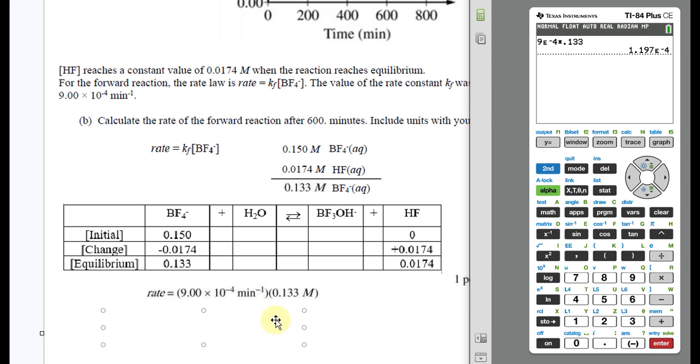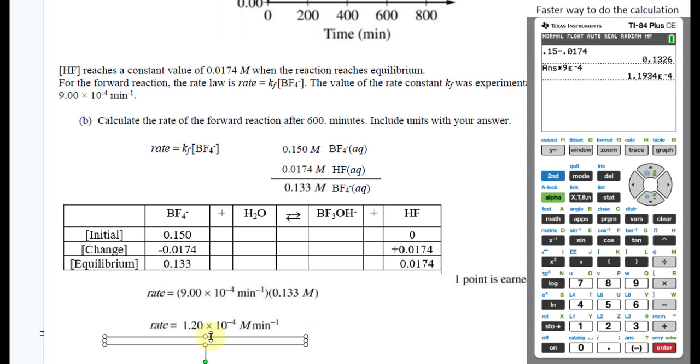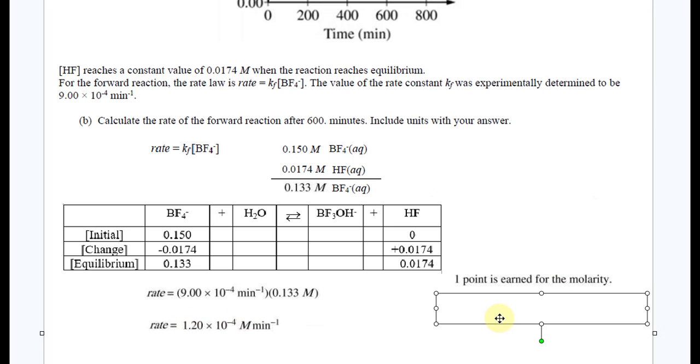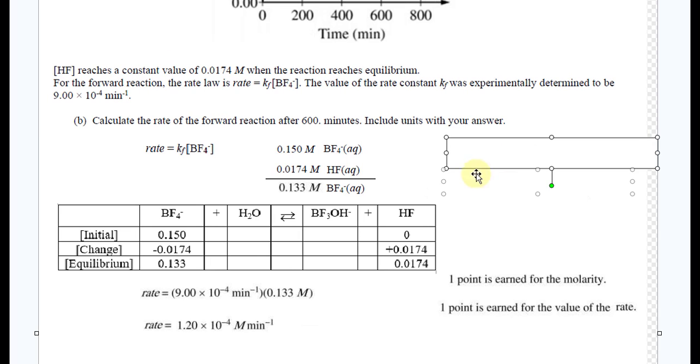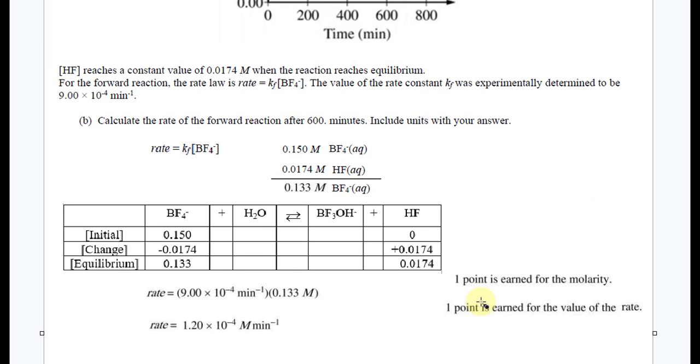The answer is 1.20 times 10 to the negative 4. So you get a point for that number. So we have 1 point for the value of the rate. Now notice they said the value of the rate because there's another point. Here it says include units with your answer. So you would get 1 point for the units.